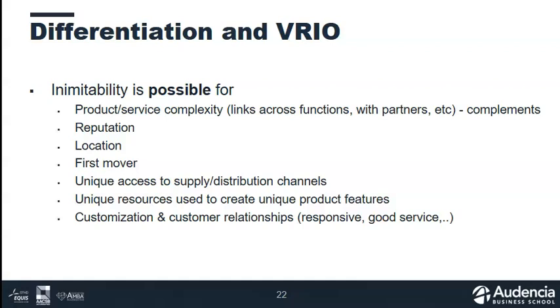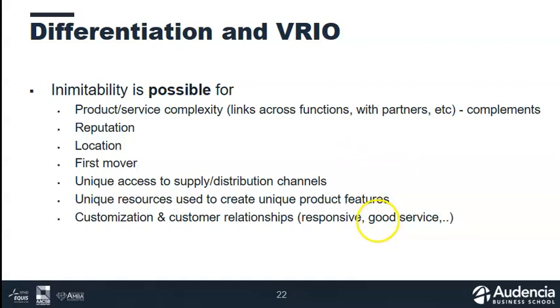What about inimitability? It is possible, and you can see here that we have a lot of different ways that we can create inimitability. It's a hard word to pronounce. But again, all of this depends on how well it's done. You can only have a location for a certain amount of time.